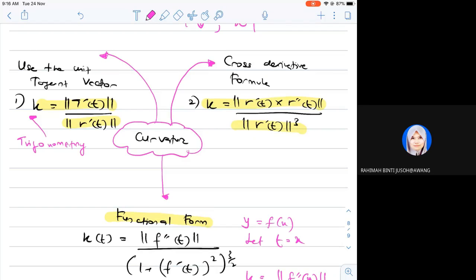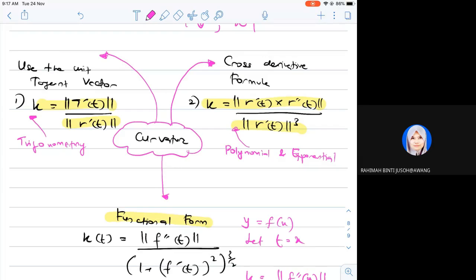Okay, if the vector function only involves polynomial and exponential, use the second formula. Okay, but still you can use either first or second formula, either one to solve the curvature.